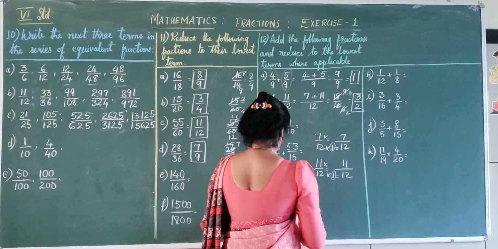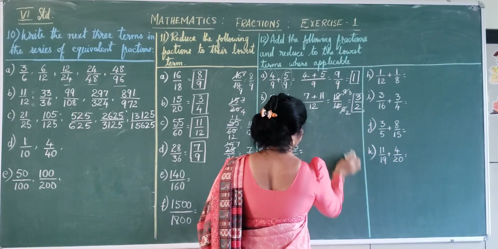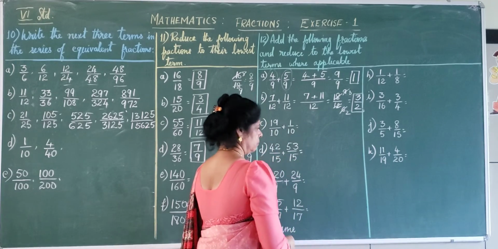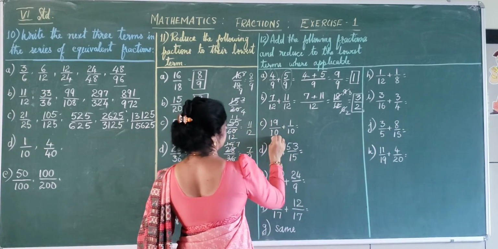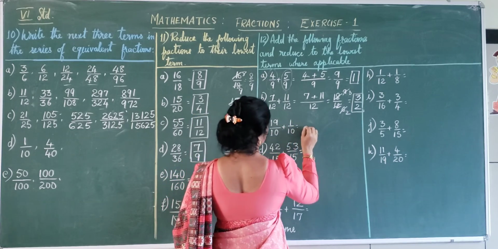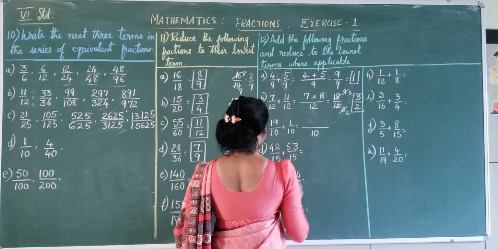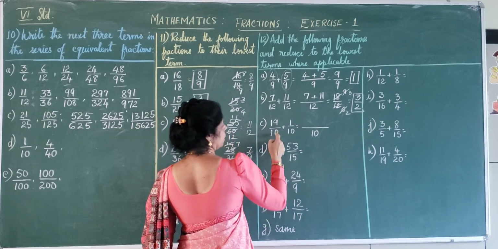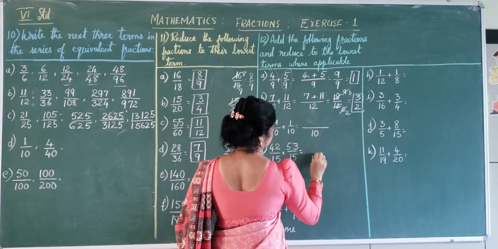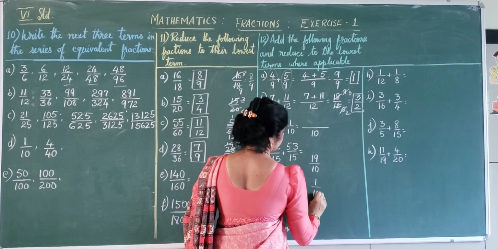Now coming to the next one. Nineteen by 10 plus 1 by 10. So the common denominator there is 10. Now you have to see the first fraction 19 by 10 and the second fraction is 1 by 10.